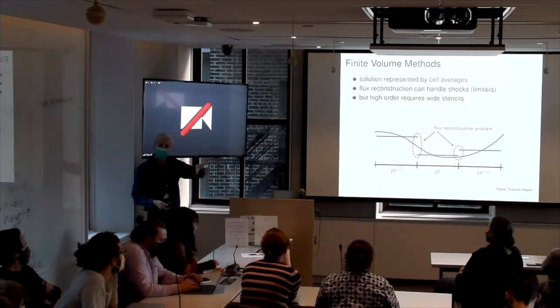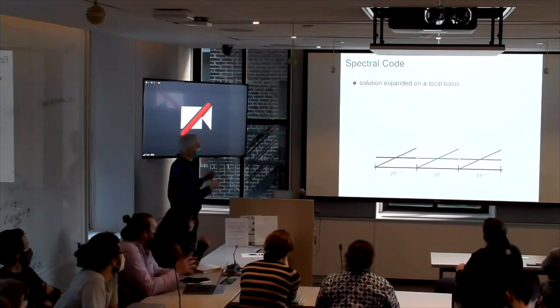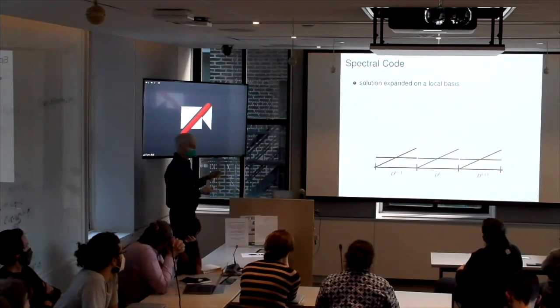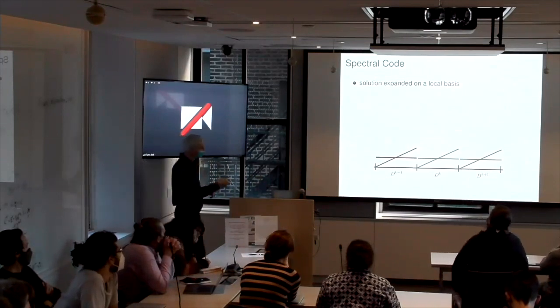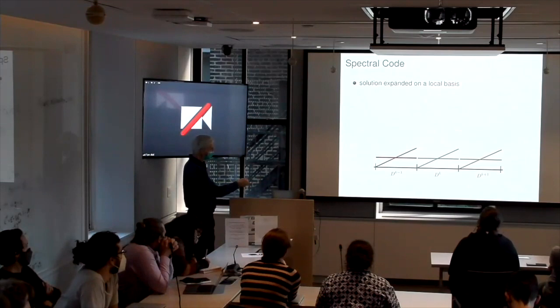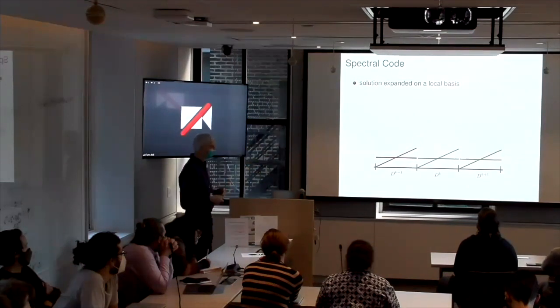That's a very slow part of the process. In a spectral code, the solution is expanded in a local basis. So here I've shown constant and x, a linear, the first 2 terms of polynomial of degree 0 and degree 1. But again, you go to higher order.